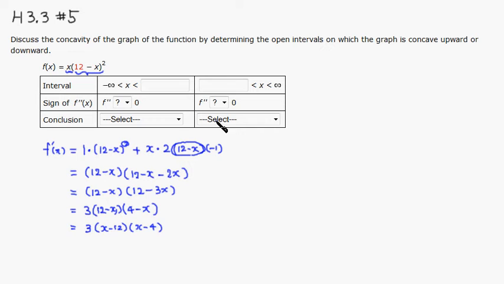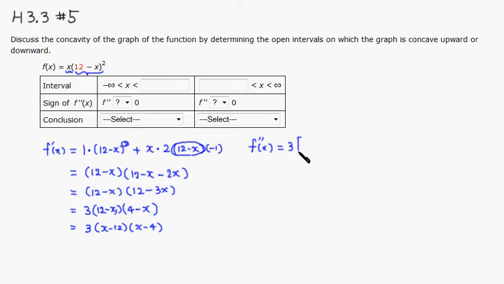Alright, let's take another derivative. So f double prime of x. 3 is a constant multiple.